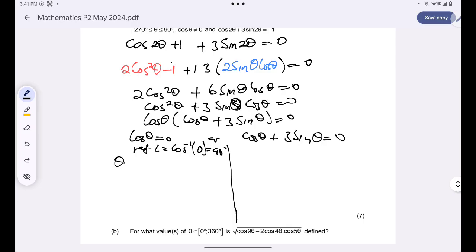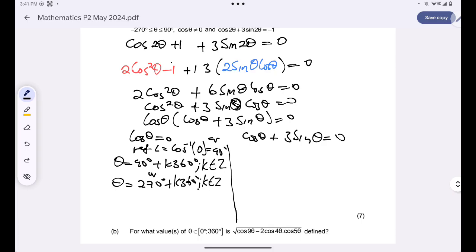So I'll simply say theta is equal to 90 plus k360, where k represents any integer, or theta is equal to 360 minus 90, I'll get 270 plus k360, where k represents any integer.